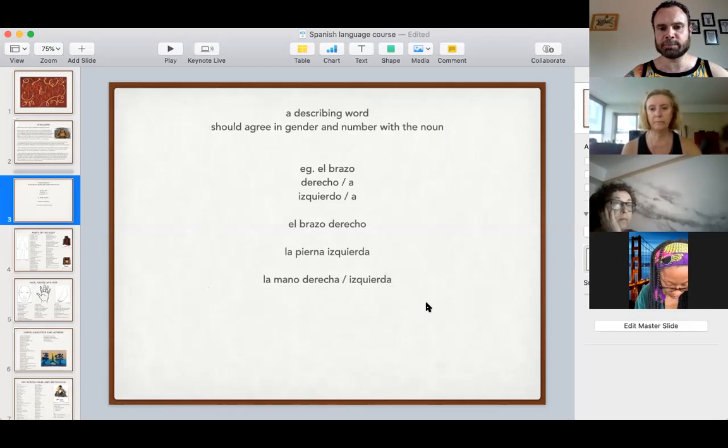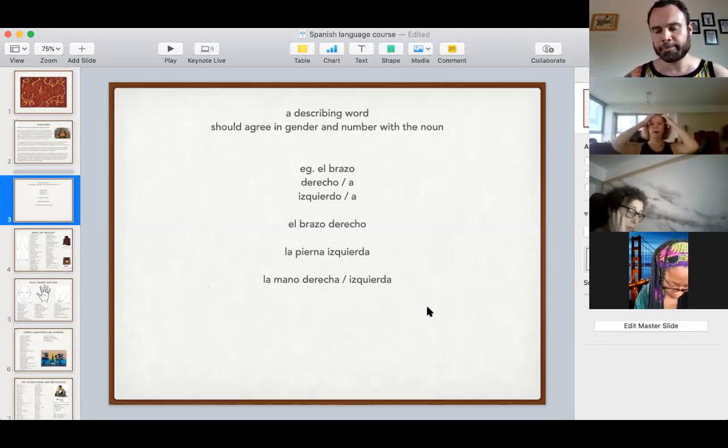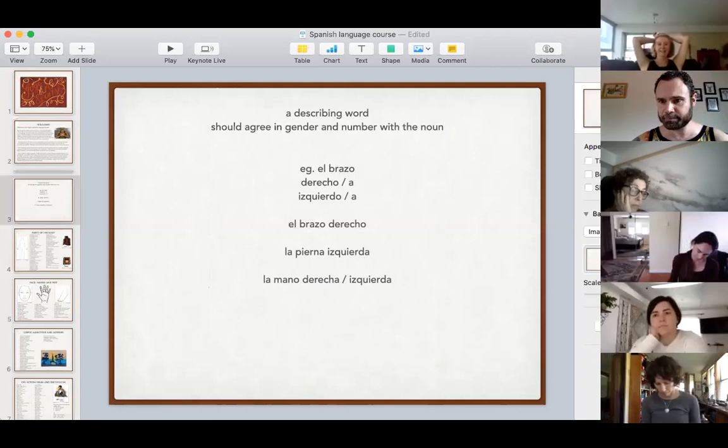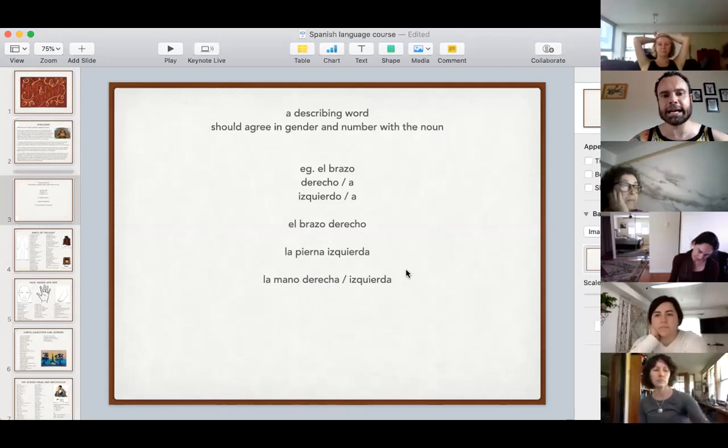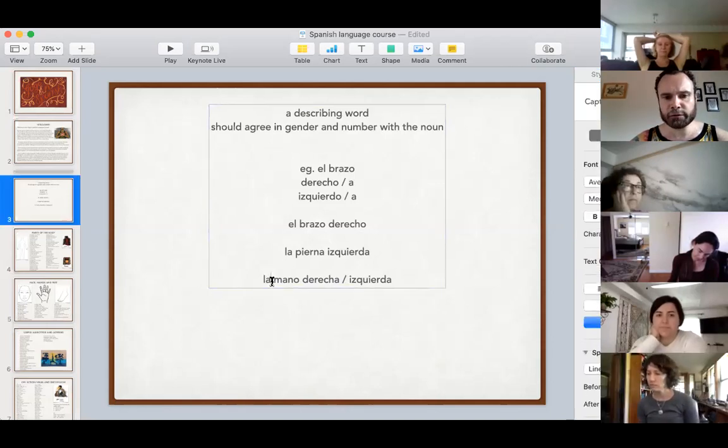When they're speaking in Spanish, they say la mano derecho, la mano izquierdo, but to a Spanish speaker, again, that sounds really odd. So do you always go by the article? Exactly. The article is the word for the, in this case, la, just for those of you who are not sure what article means.